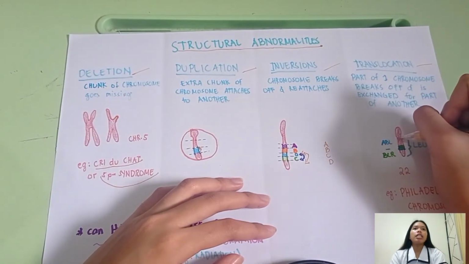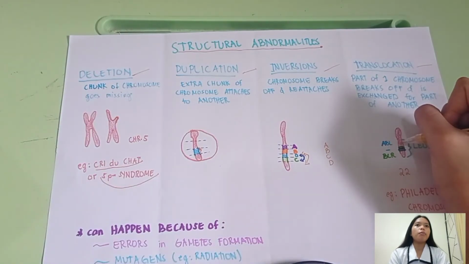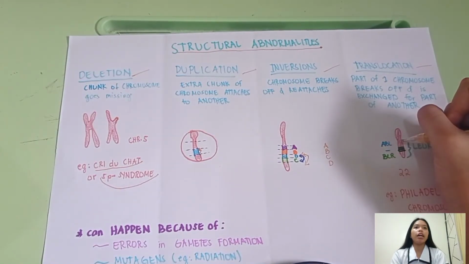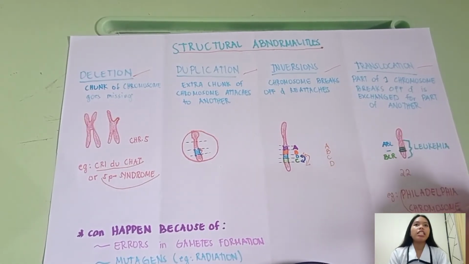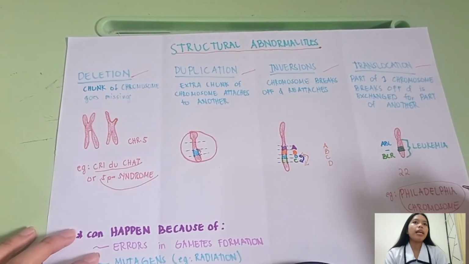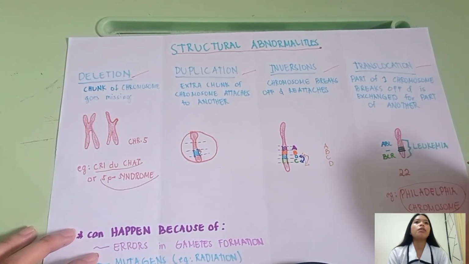Finally, there are translocations, which occur when a piece of one chromosome breaks off and is exchanged for a piece of another, non-homologous chromosome, potentially resulting in gene fusion. The Philadelphia chromosome, which is chromosome 22 with a sliver of chromosome 9, is a classic example.